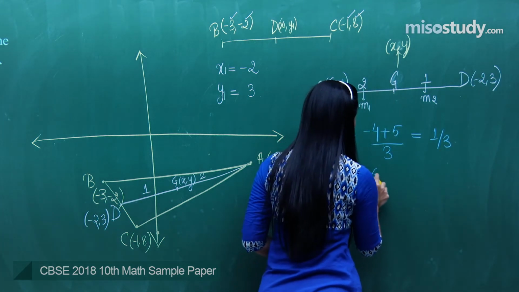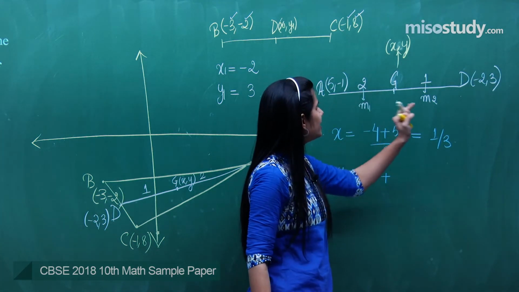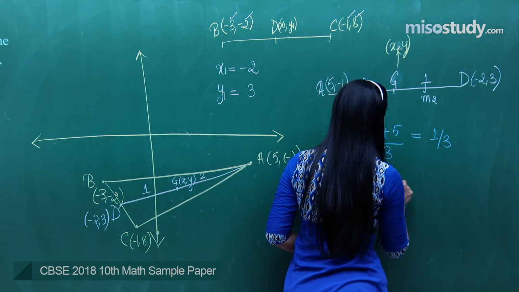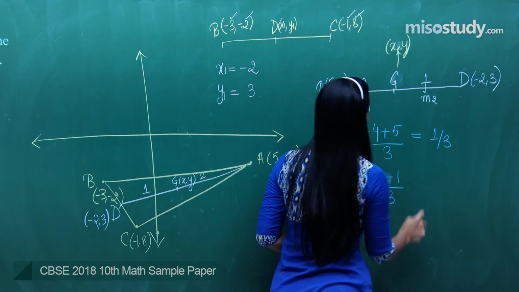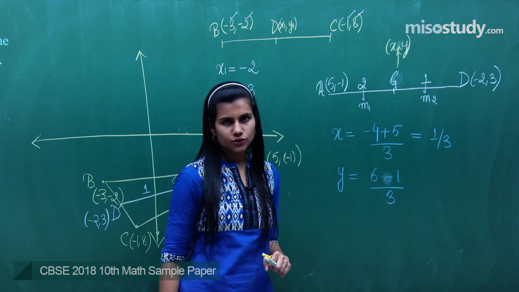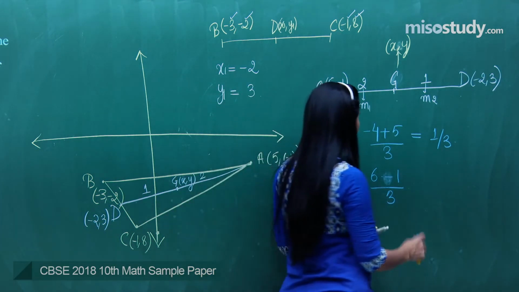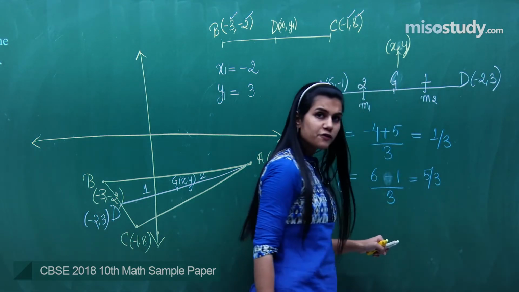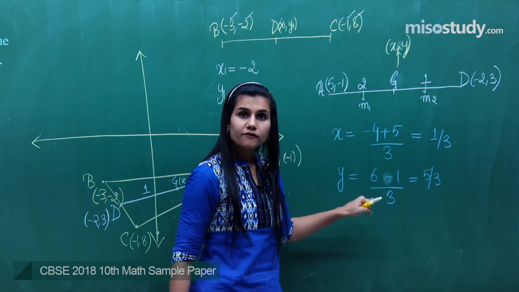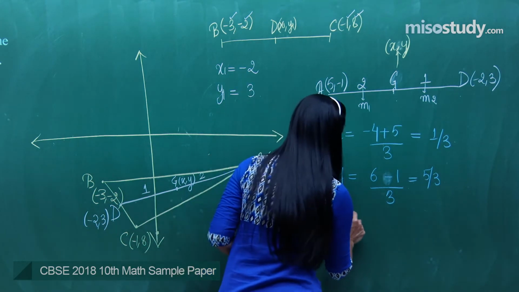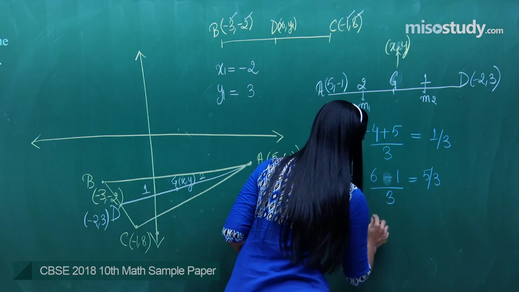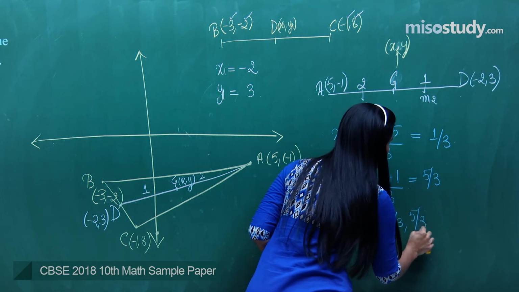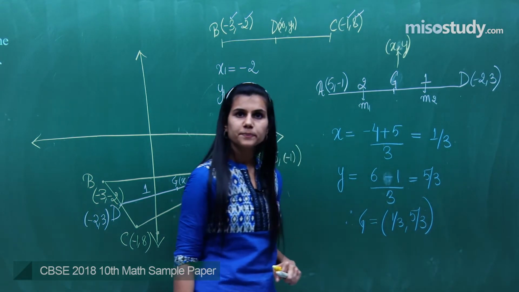So 2 into 3, which is 6. M1 y2 plus M2 y1, which is -1, whole upon M1 plus M2, which is 3. The moment you have this, you have 5 by 3 as your y coordinate, and therefore the centroid G is coming out to be 1 by 3, 5 by 3.